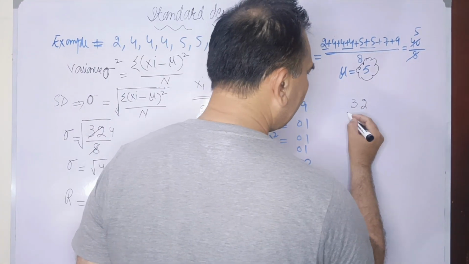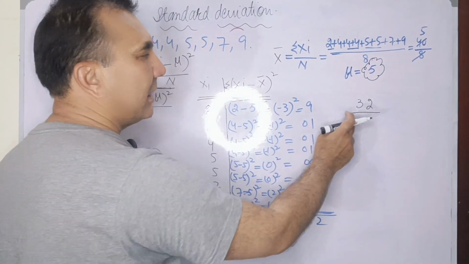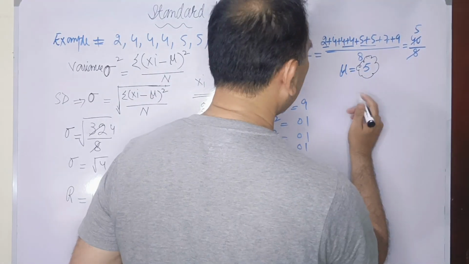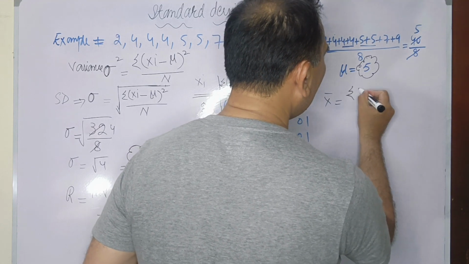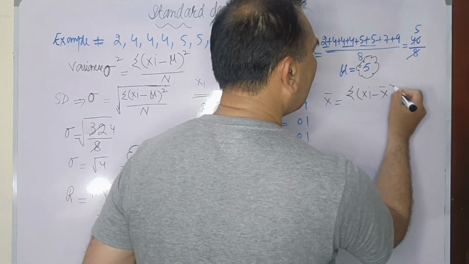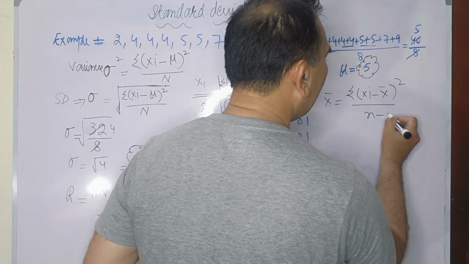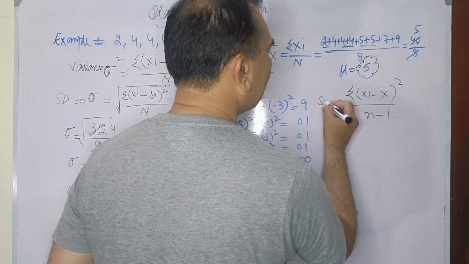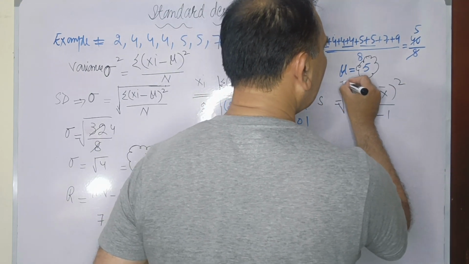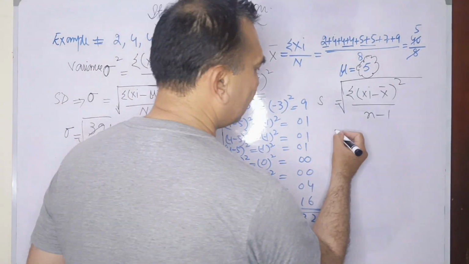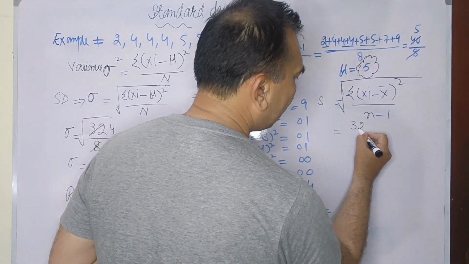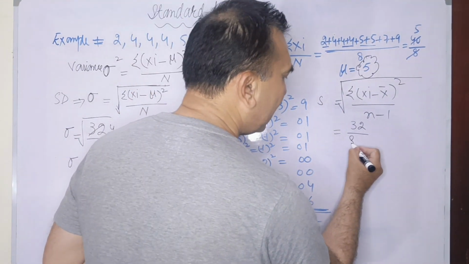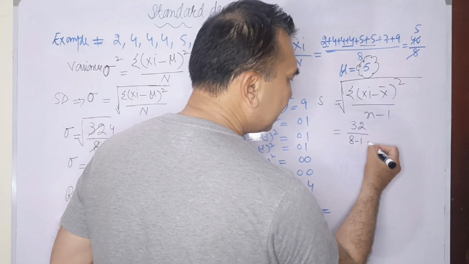So the sum of xi minus x bar whole square, divided by n minus 1. This is the formula for the standard deviation of the sample. Now we put the sum of (xi minus x bar) squared, which is 32, divided by n minus 1. Total n is 8, minus 1 is 7.